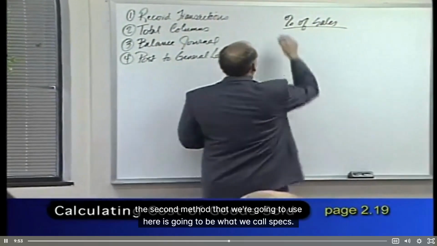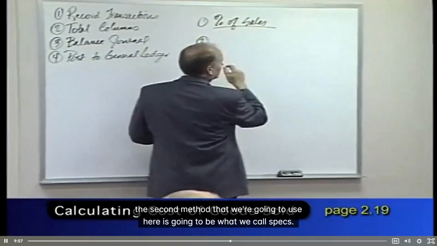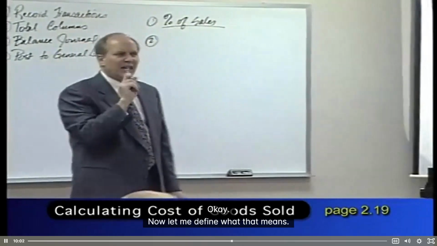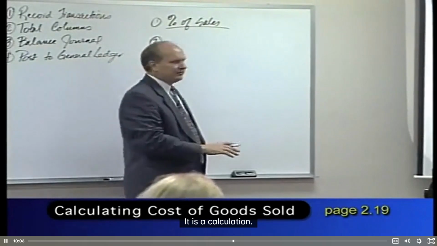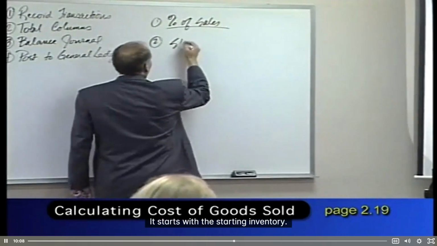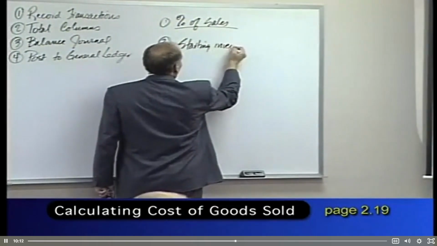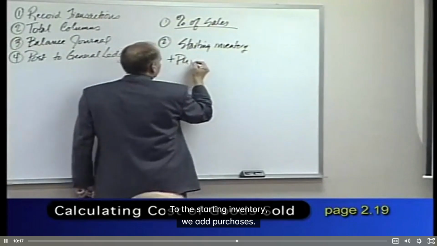Okay? The second method that we're going to use here is going to be what we call SPECS. Okay? Now let me define what that means. It is a calculation. It starts with the starting inventory. To the starting inventory, we add purchases.